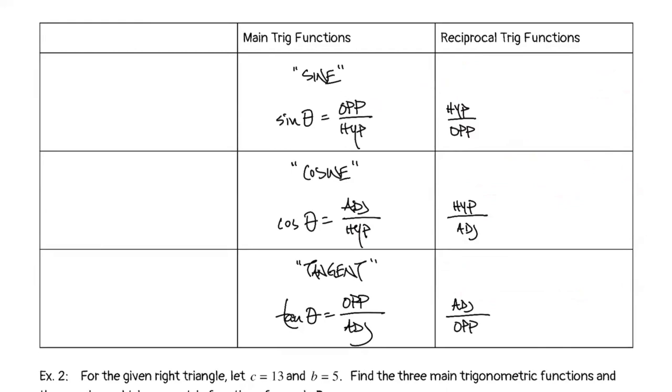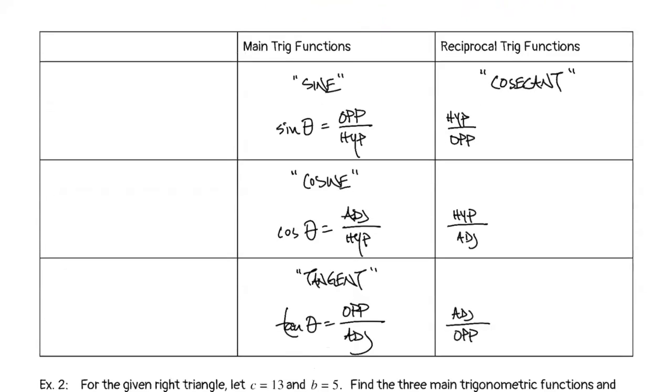The reciprocal of sine is something we write as cosecant. The reciprocal of cosine we write as secant.